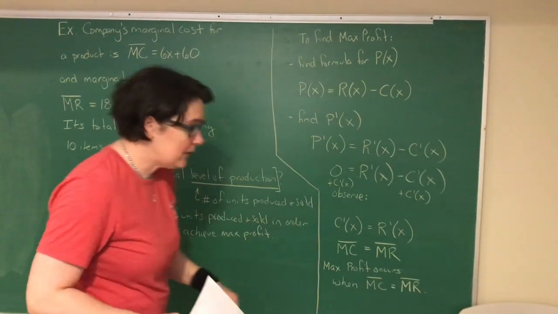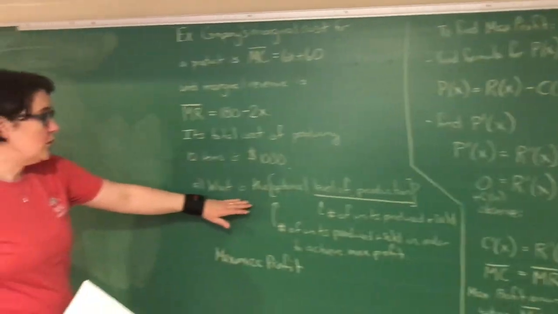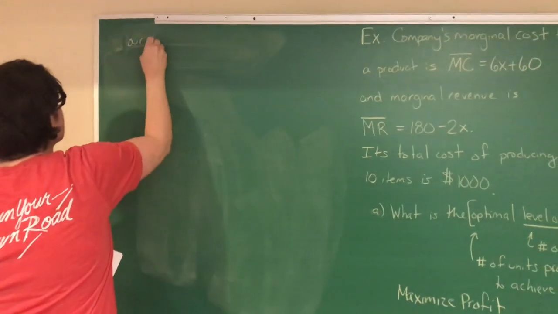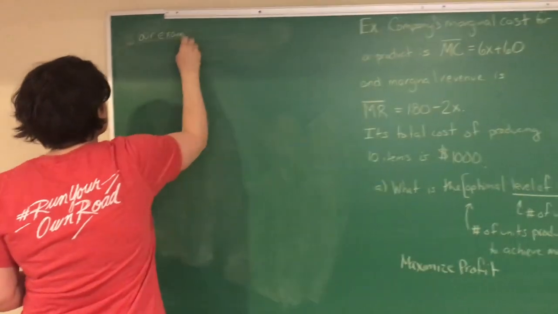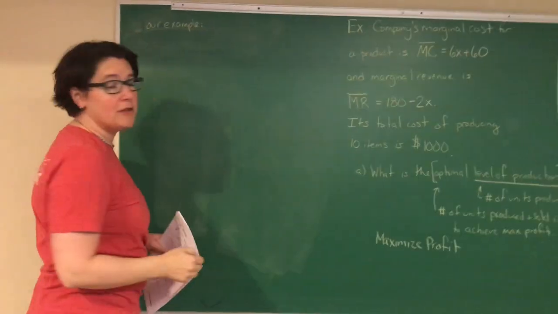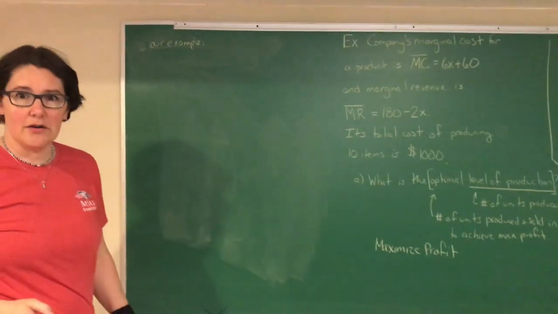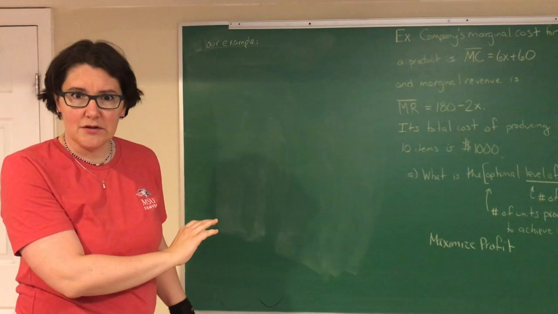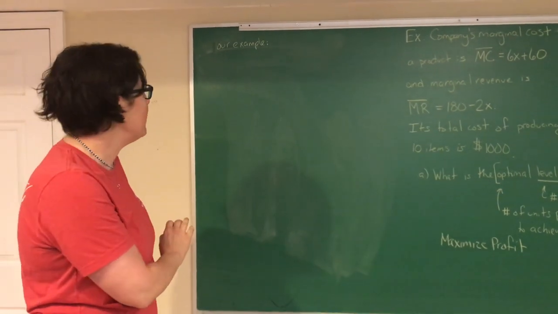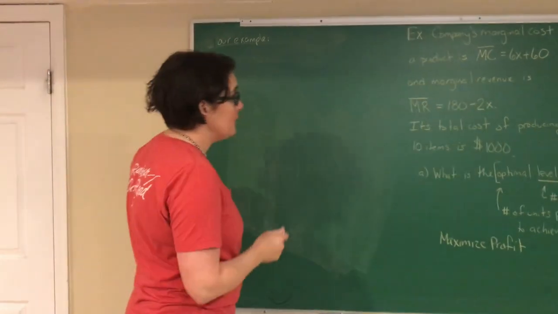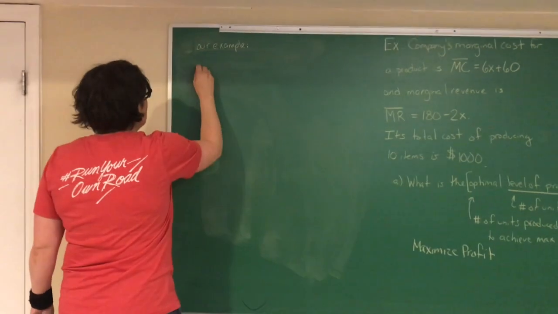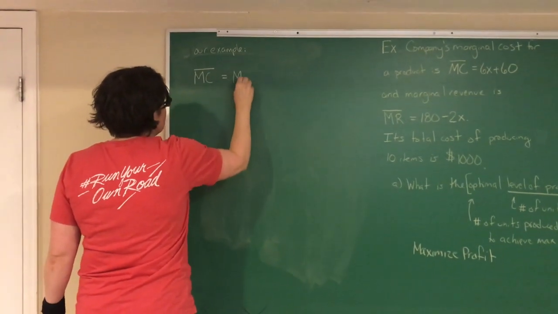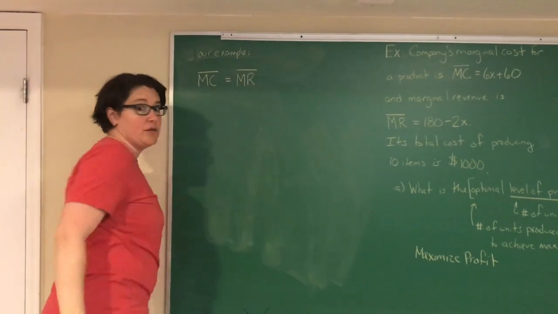So in our example, where we are asked what is the optimal level of production, that optimal level of production, meaning the number of units produced and sold to achieve maximum profit, occurs when marginal cost is equal to marginal revenue.